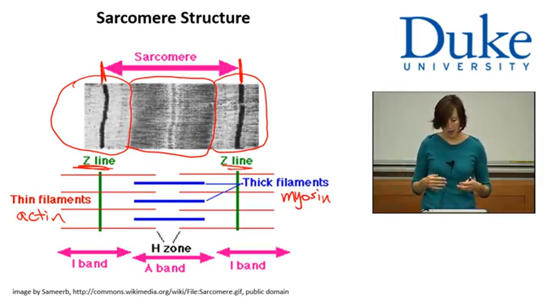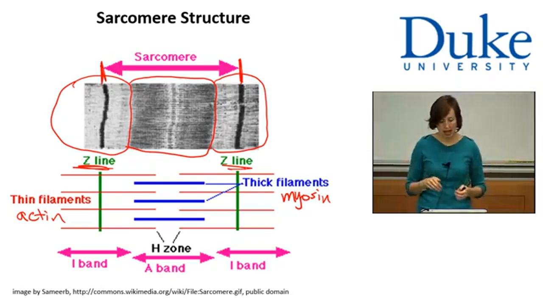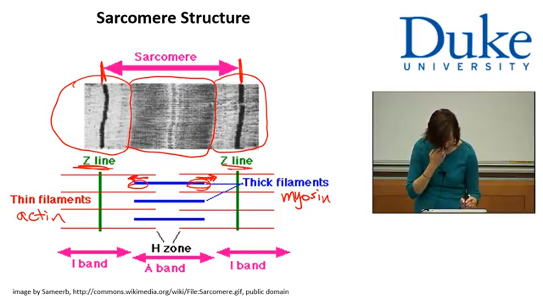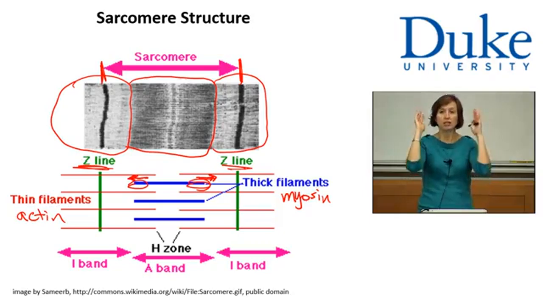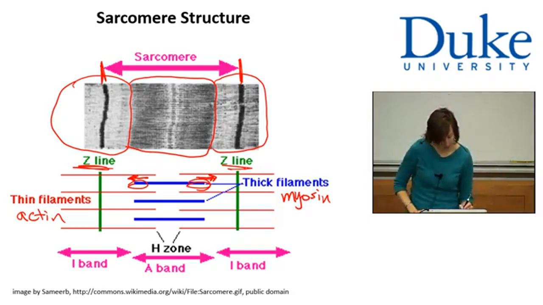And so the myosin is what's going to have the motor properties, and the myosin is going to walk towards each Z line. So this end of the myosin will walk towards this Z line, and this end of the myosin will walk towards this Z line. Because the myosin filaments are thick, they are going to appear as these dark bands, and so we call that the A band.